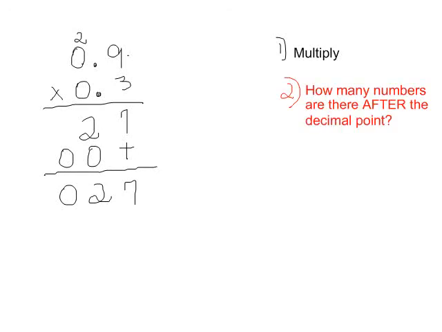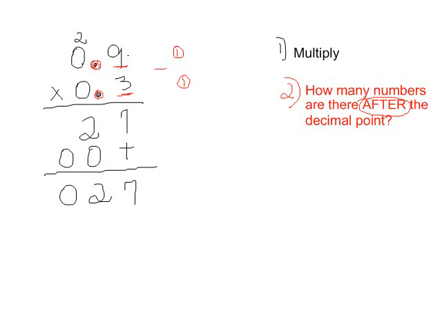Step number 2 asked, how many numbers are there after the decimal point? Let's go back to our problem. The first factor, we find a decimal point, and we find that there's only one space. So we go ahead and we write that down. Then we look at our next factor, and we see that there is also one space after the decimal point.